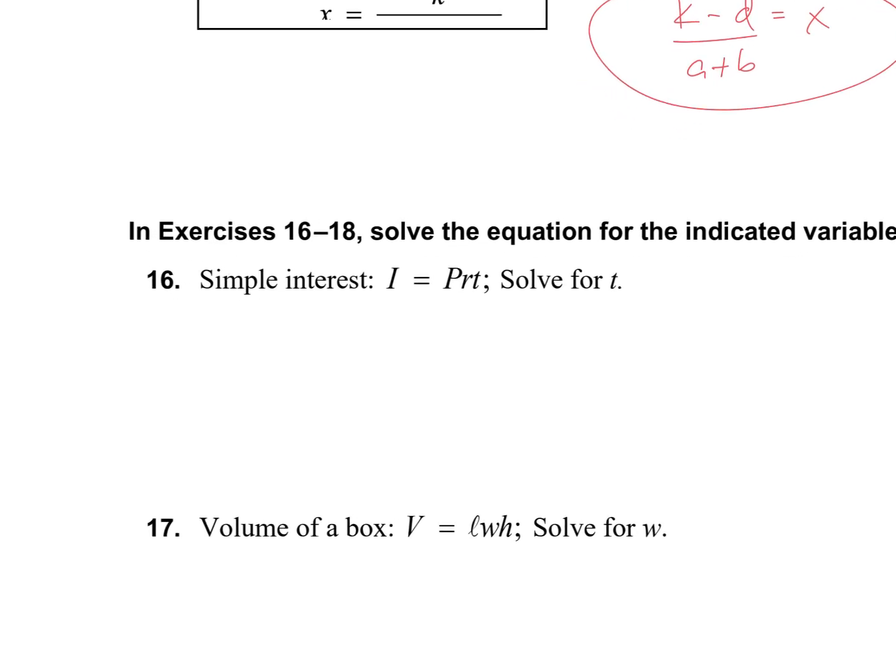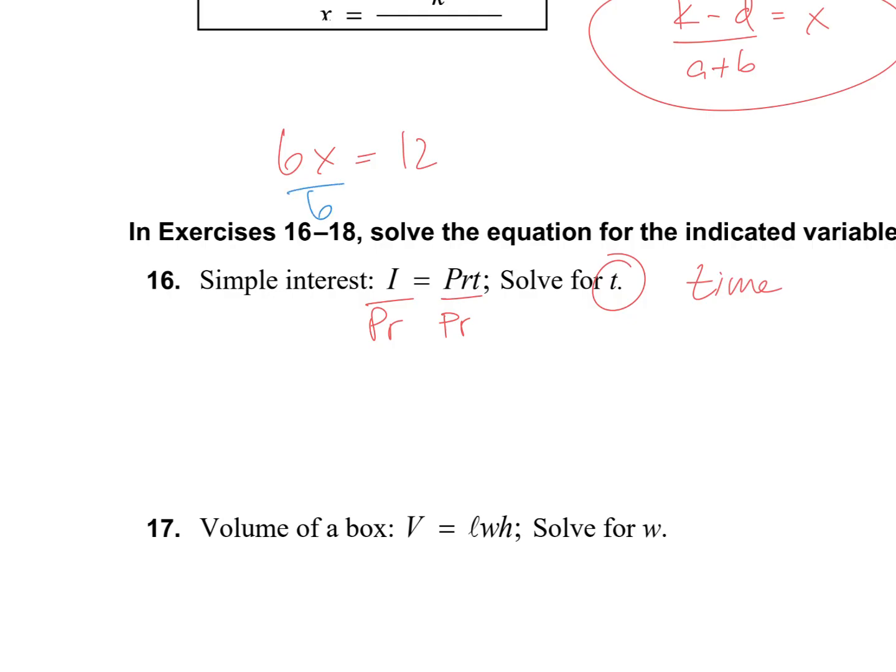Solve for the indicated variable. All right, so this is the simple interest formula. You might not care about that right now, but it is, in fact, the simple interest formula. And t would stand for time. Again, you might not care about that, but that's what we're doing. So guess what? All you're going to do is divide by PR. And if you're like, whoa, I can't divide by PR. What if you had like 6x equals 12?